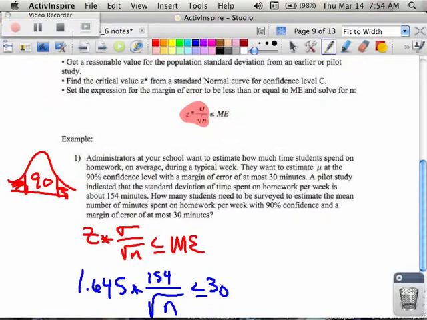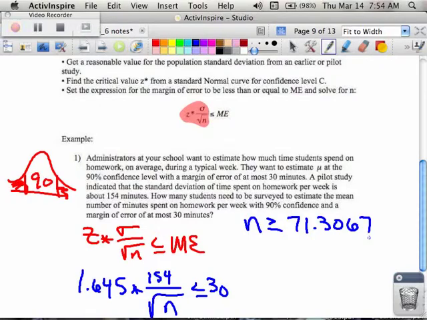So I would multiply both sides by the square root of n and then divide by 30, and when you do that, you find out that your n has to be greater than or equal to 71.3067.